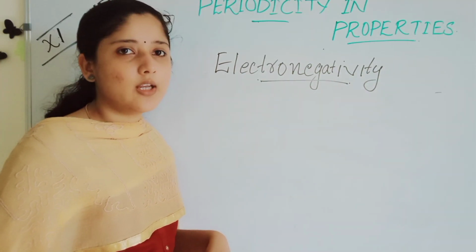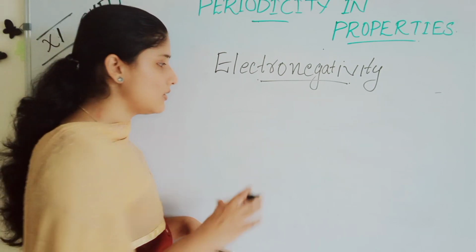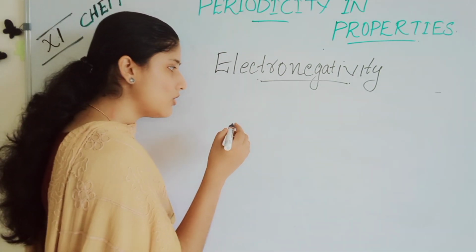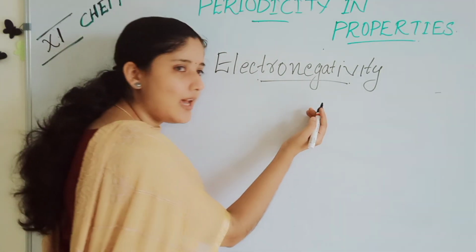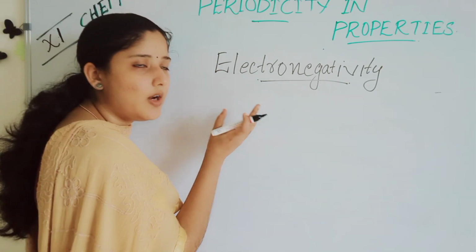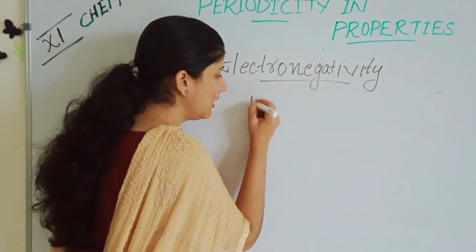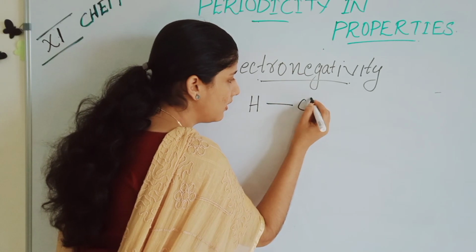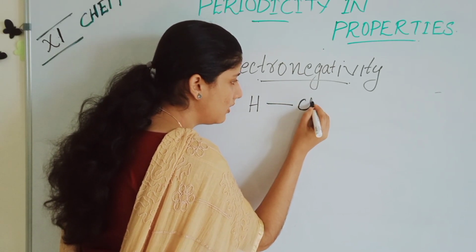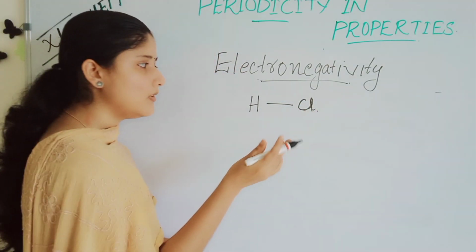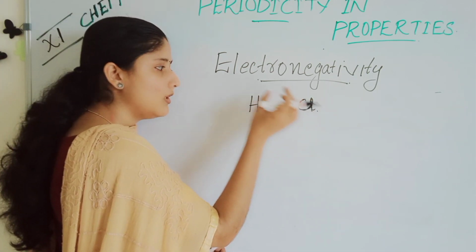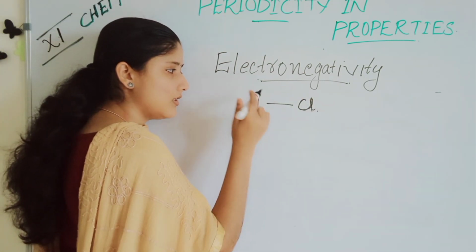Electronegativity is not a constant value. As we have said, it is not measurable. It depends upon the other atom to which an atom is bound. Look, in HCl, for example, the electronegativity of chlorine depends upon the electronegativity of hydrogen.